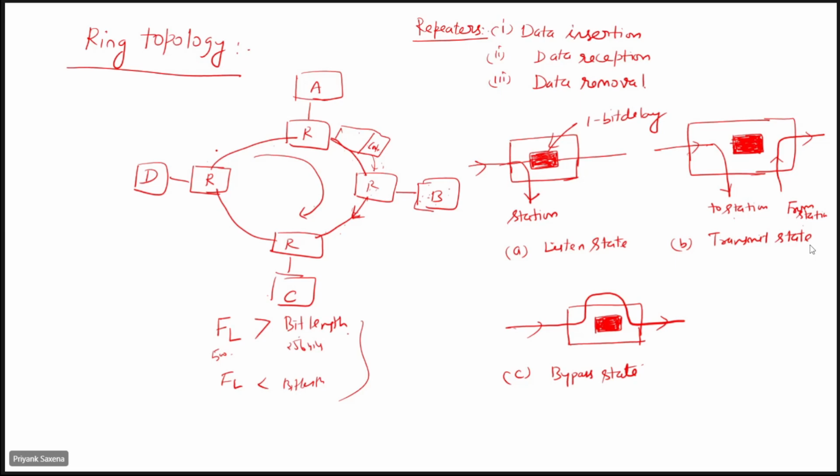Then repeater failure. If a repeater fails, that also will disable the entire network. So there can be potential ring problems. One, as I told you, is cable vulnerability.